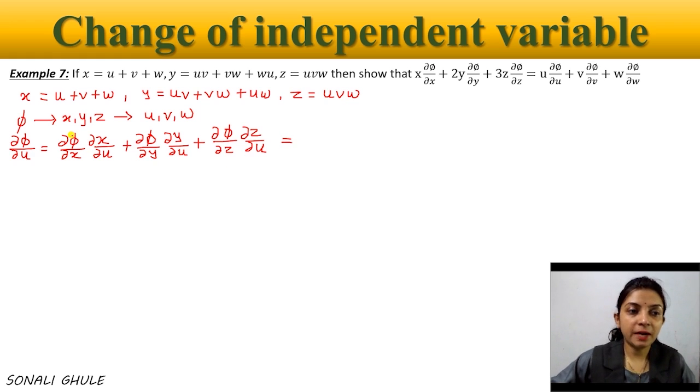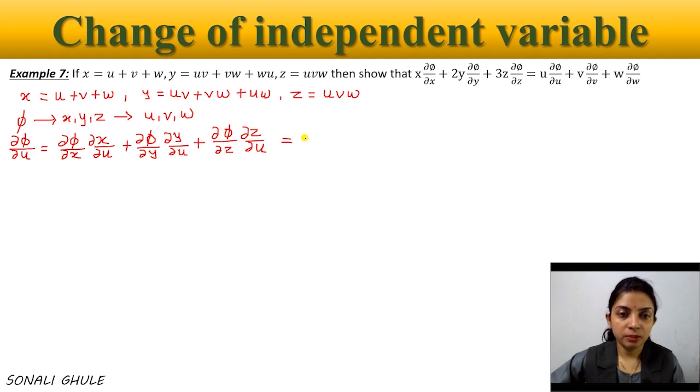Now see, I don't have a phi function in terms of xyz or uvw. So whatever the derivatives of phi, that will remain constant. So we have to keep it as it is, phi with respect to x. Okay, here x with respect to u. You have a value for x. What is x with respect to u from this? Yes, it is 1.